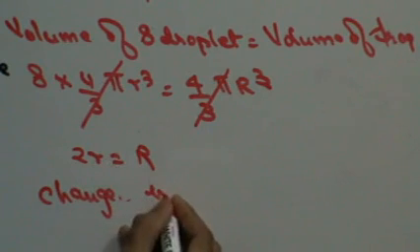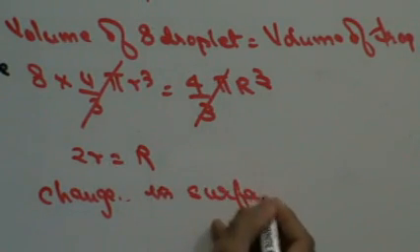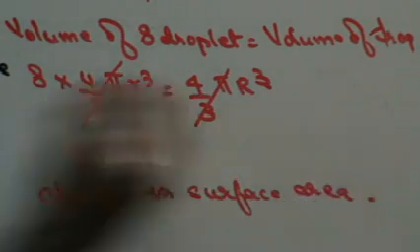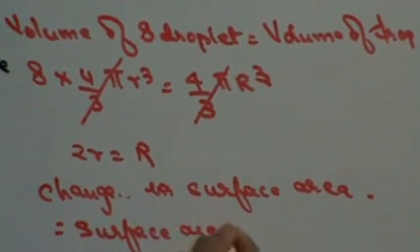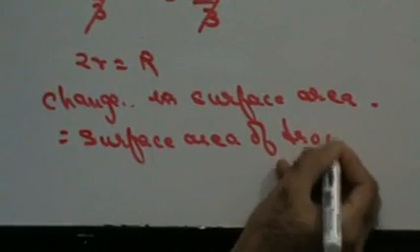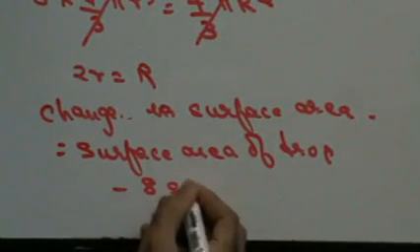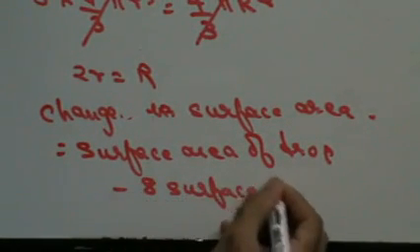Once you have this, let's find out the change in surface area. Change in surface area is nothing but the surface area. Now I'm making a big drop. So it will be surface area of the big drop minus surface area of 8 droplets. Surface area of drop minus 8 into surface area of droplets.